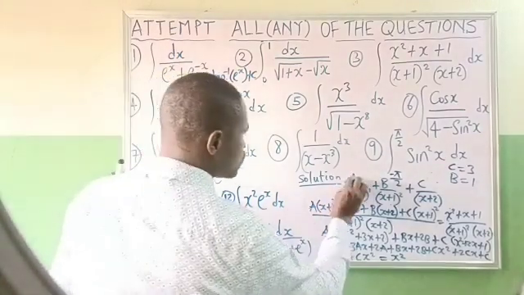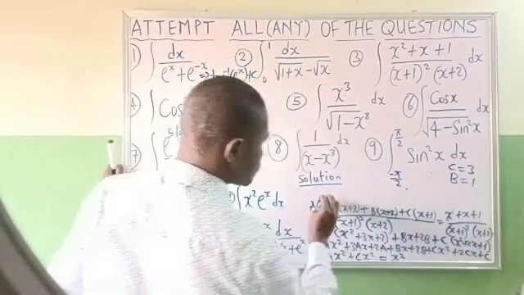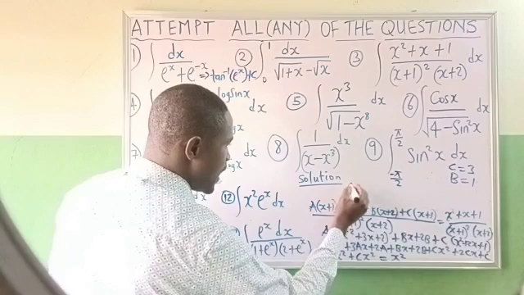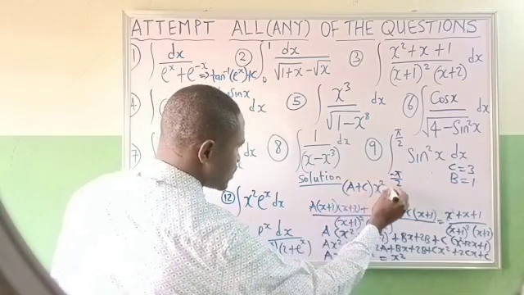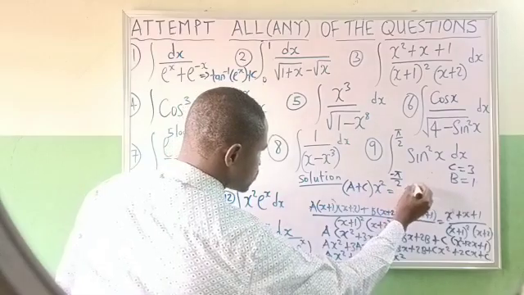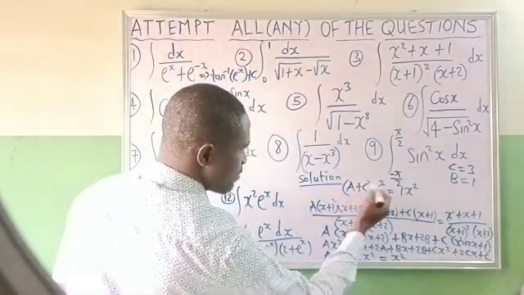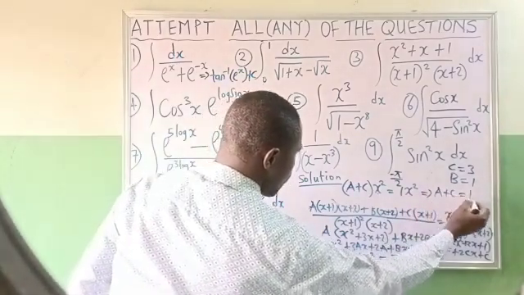At this point we will now say that a plus c, factorizing, is equal to x squared. This is x squared, this is x squared. The coefficients will now be equal. Therefore, a plus c equals 1.